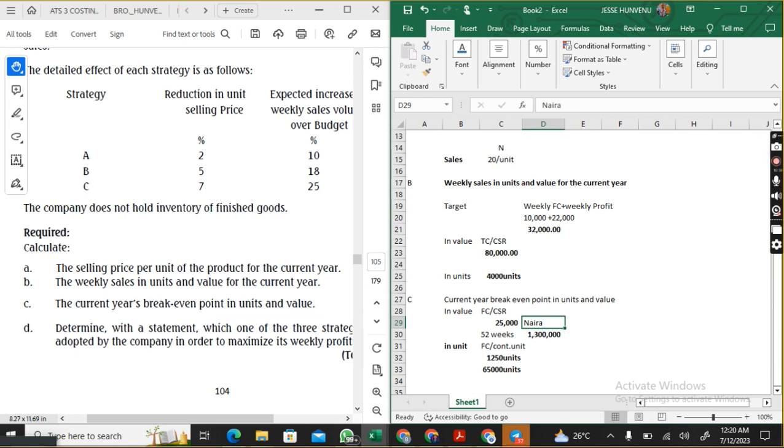So the value of this is 25,000, and we divide by our sales price per unit, 20. You can see we get the same thing. We divide the break-even value by the sales price per unit, so we get the break-even point in units.